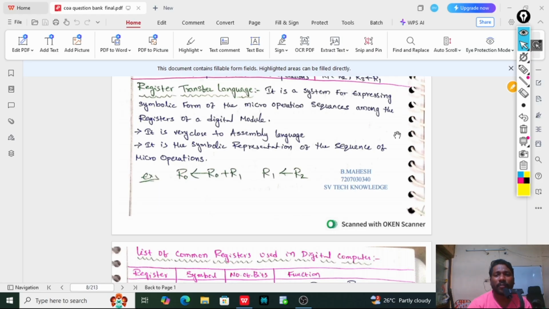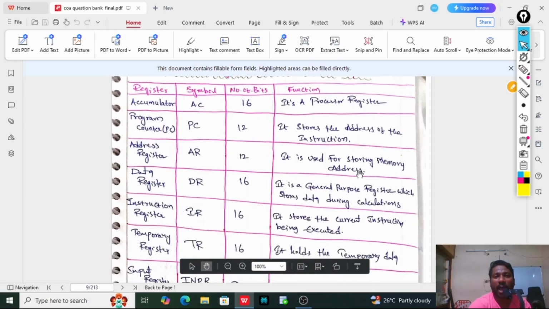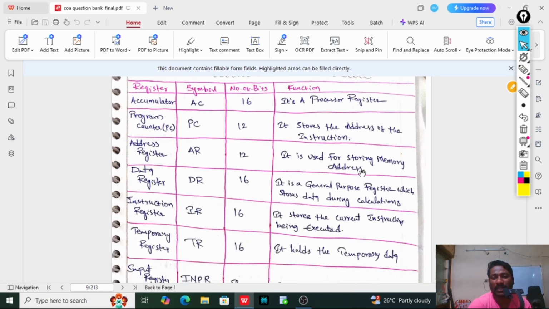Okay, now we will see some important registers that we have in our COA subject. These registers we are going to use in future classes. The first one is AC. AC means accumulator, which is a 16-bit register in our computer processor.